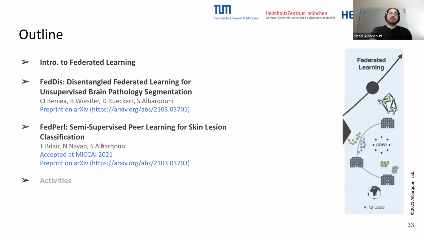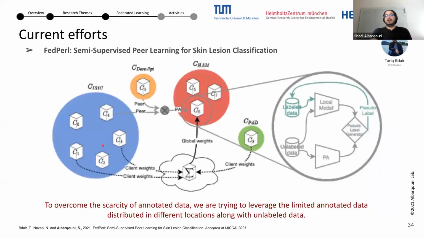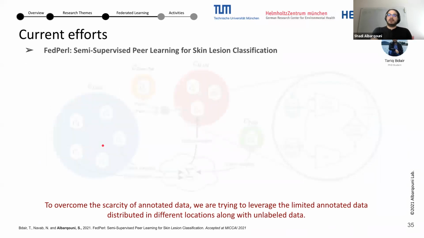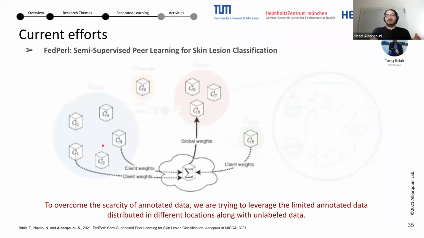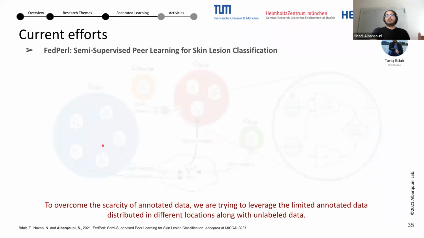What I'll be presenting next is how we could leverage unlabeled data with a small portion of annotated data in a semi-supervised fashion for skin lesion classification. And of course, one could think about semi-supervised learning as the straightforward solution.